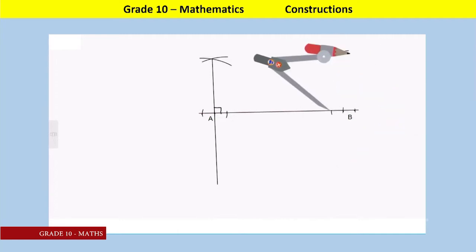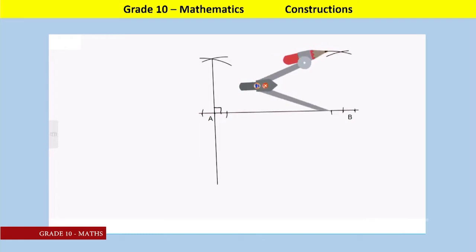We constructed two arcs, the two arcs joining, we got a new point. Here we found perpendicular line to this AB. We got two perpendicular lines now.